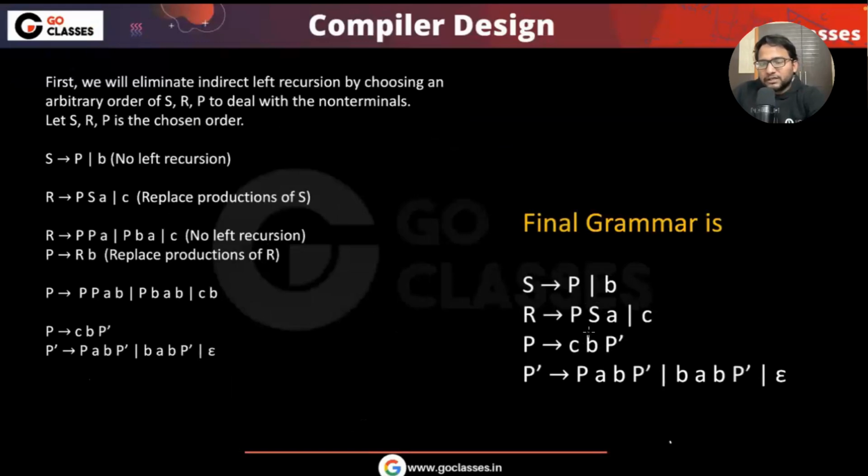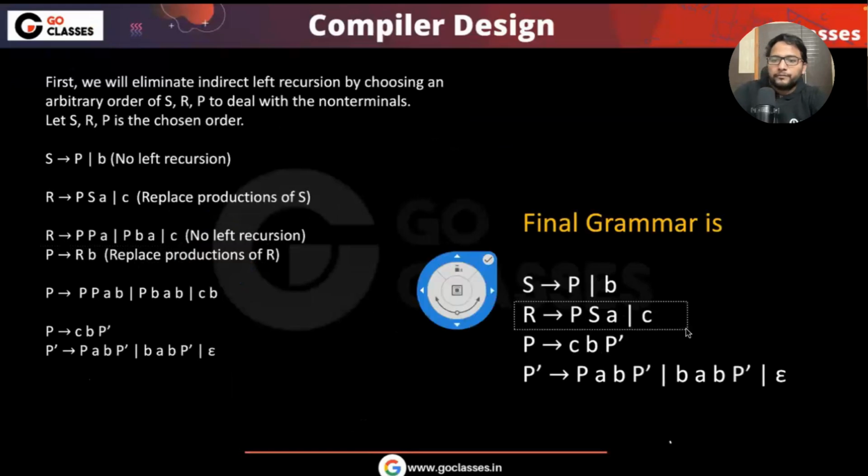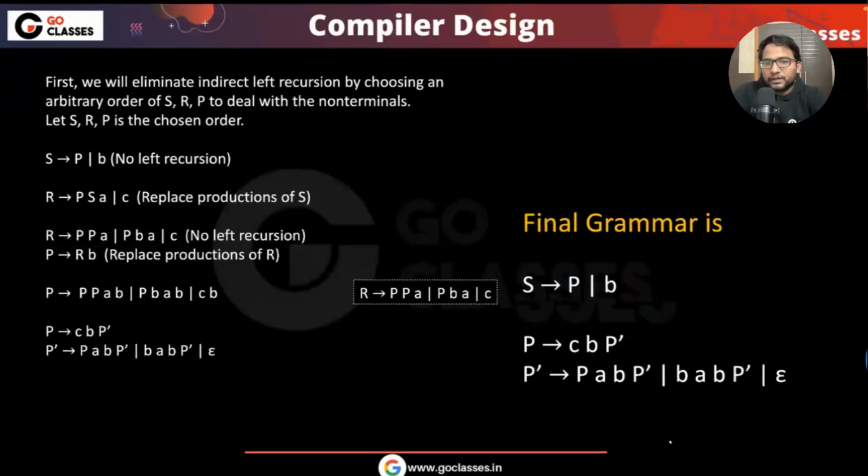We anyway need to replace it, but I think they have not replaced this. Yeah, actually, I copied it wrongly. It is a replacement only. Okay, replace the productions of S. So in the final answer, I copied wrongly. This is something which I copied, so don't worry about it because I copied it wrongly. We anyway need to replace.